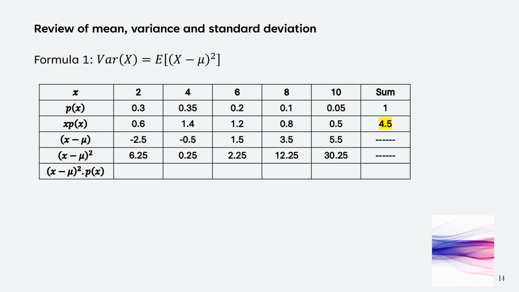And then it's the square of those times the probability for each. So the first one is 6.25 times 0.3, which is 1.875. Then we work out that for each of them, add them together, and the sum at the end is our variance. Now, this is a long way to do it, but you could be asked to do this in the exam.